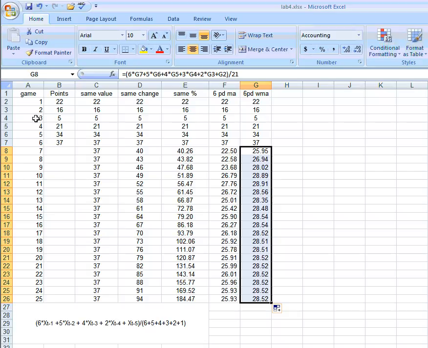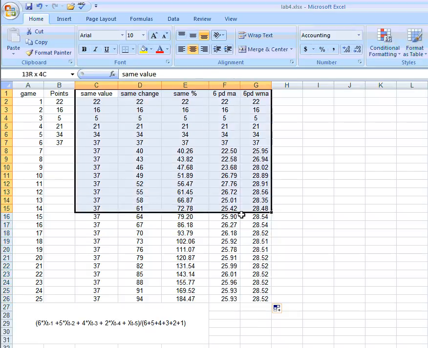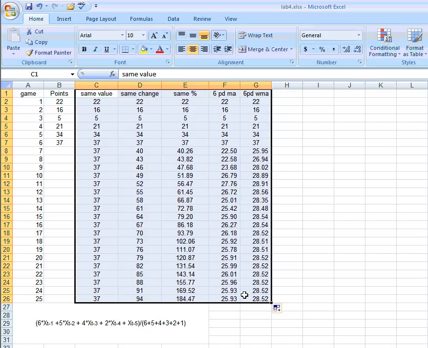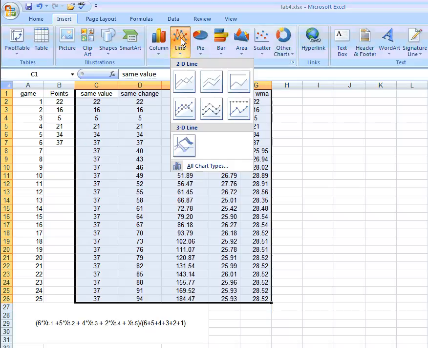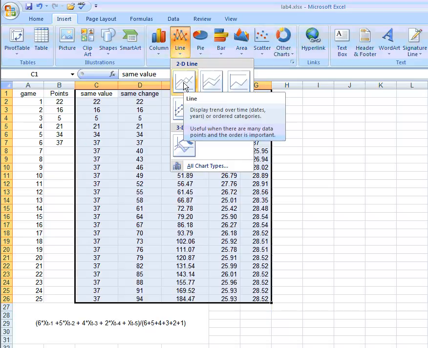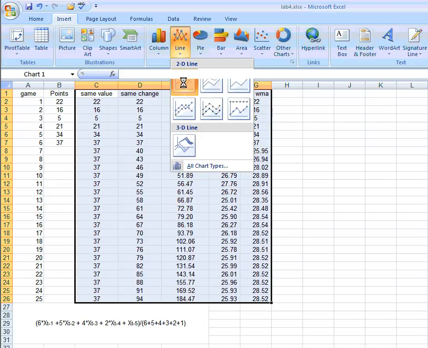So, we take this data and we can plot it. So we highlight that whole area, go to Insert up top here, go to Line Graph. I'm just going to draw it without the specific values.